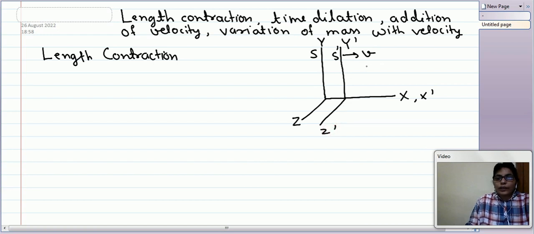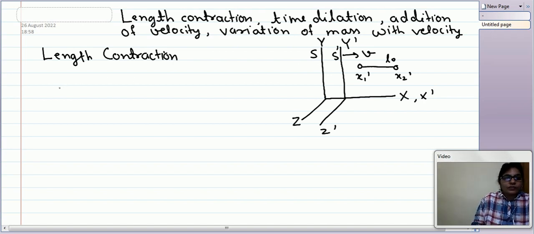Now let us suppose that in S dash frame a rod is stationary, with the length L0, and the two ends of the rod are x2 dash and x1 dash. Now we have to find out what is the length as seen by the observer in the frame S. So for this we will write the transformation equations.